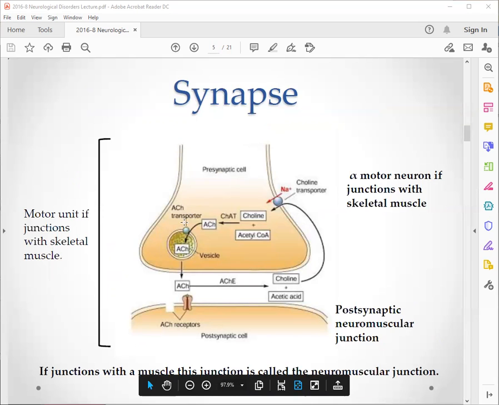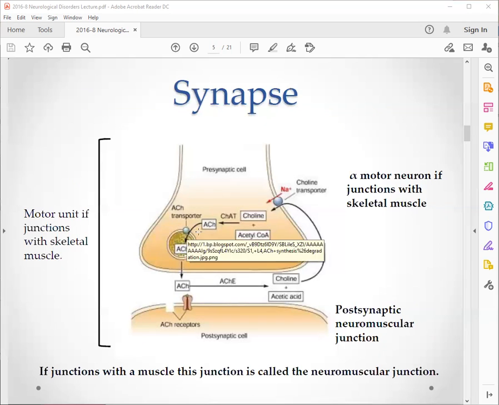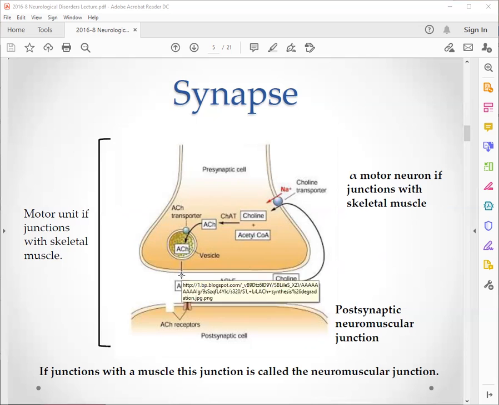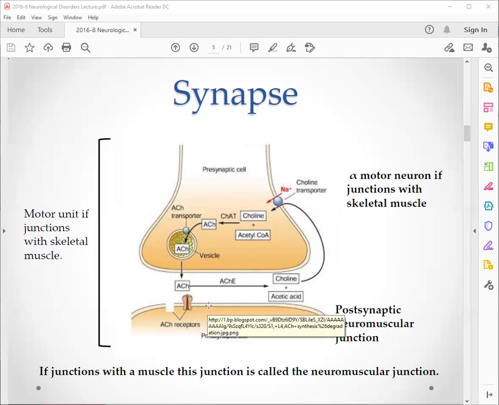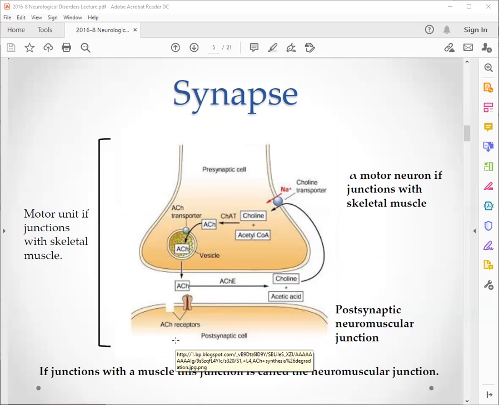If we take a closer look at the synapse, this is the presynaptic neuron and the postsynaptic neuron. As an action potential is received, there is release of acetylcholine, in this case, into this synaptic cleft. And then the postsynaptic neuron has acetylcholine receptors that acetylcholine binds to, and that begins to initiate depolarization of that postsynaptic neuron.